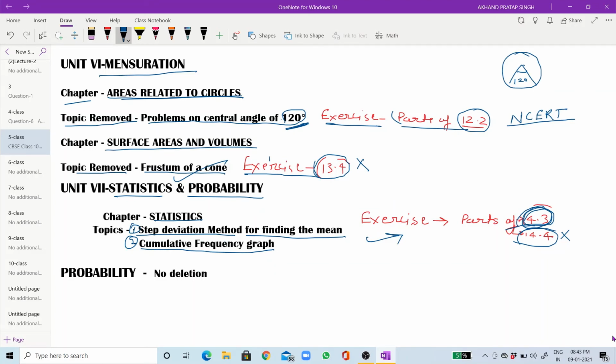So be careful about these topics which are removed by the CBSE to revise your syllabus up to 30% reduction due to COVID. And in probability, there is no deletion. It means the whole syllabus of probability will come.